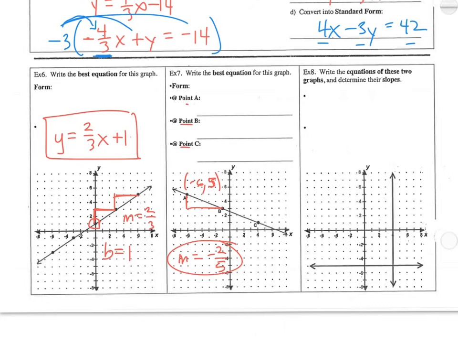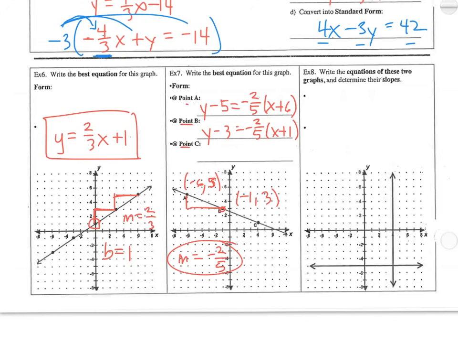So the very first one, y minus 5 equals -2/5, and then x plus 6. For B, it looks like I have the point -1, 3. So if I have -1, 3, I now have y minus 3 equal to -2/5, and then x plus 1.